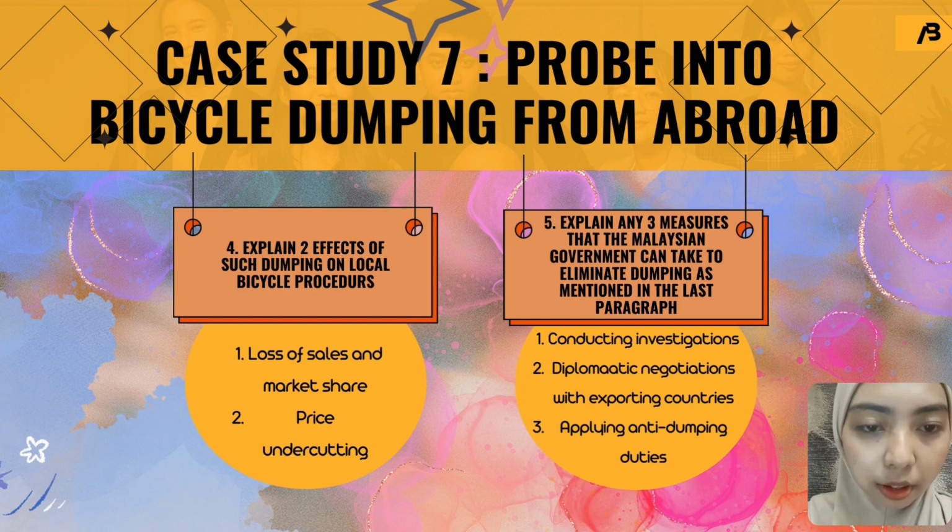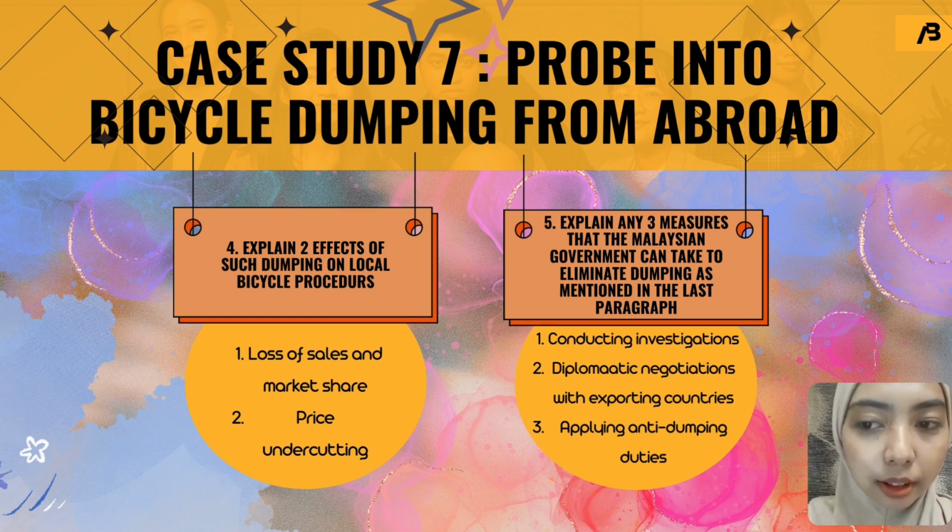Question number 4. Explain 2 effects of such dumping on local bicycle producers. The first effect is loss of sales and market share. Local manufacturers may see a drop in sales and a fall in their market share when cheaper foreign bicycles flood the market. This may have detrimental effects on the long-term viability and profitability of domestic bicycle producers.